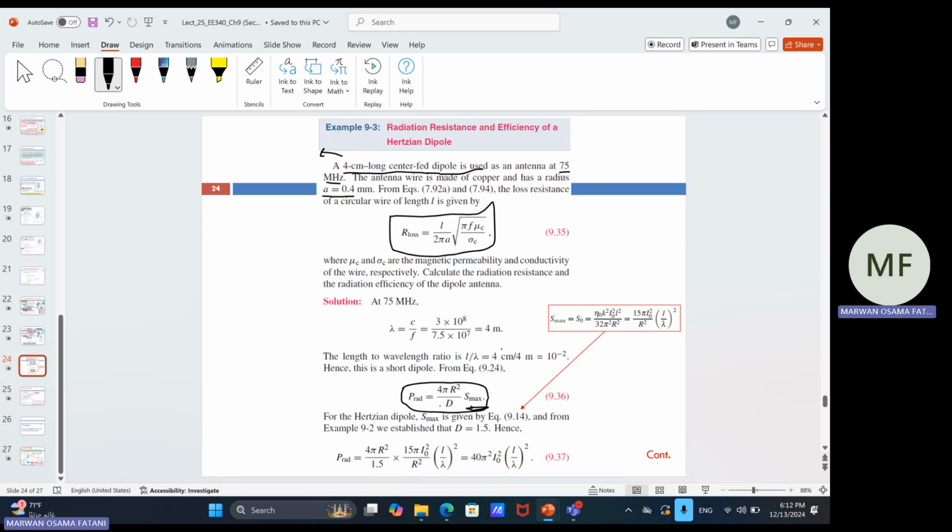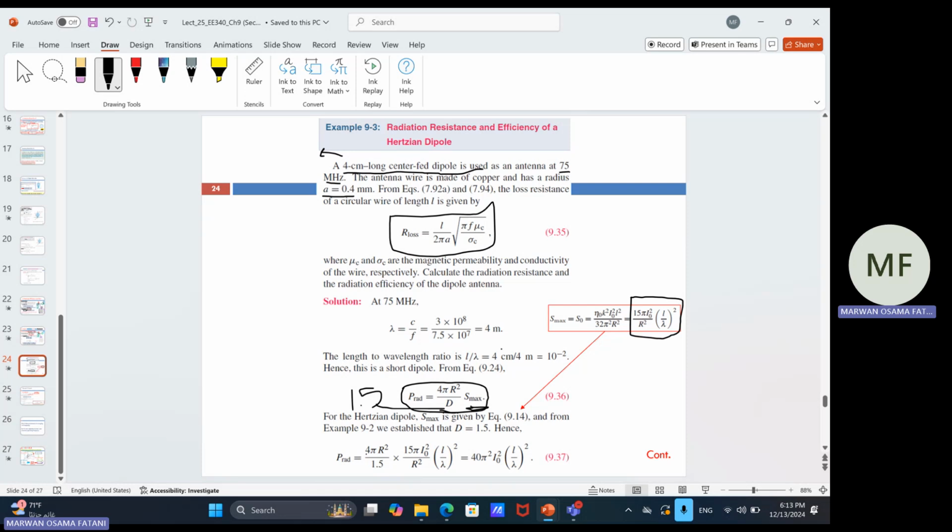And the dipole is given. So we need to start substituting. Our D is equal to 1.5. And S max, which is the maximum power density, can be found from the formula right over here, more precisely 15 pi I naught squared over R squared multiplied by L over lambda squared.